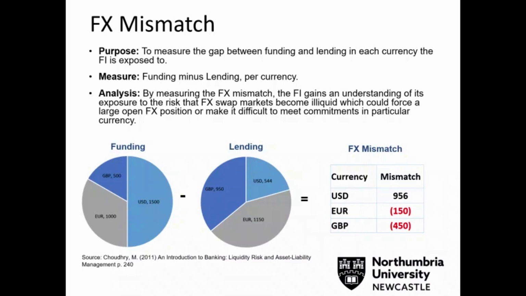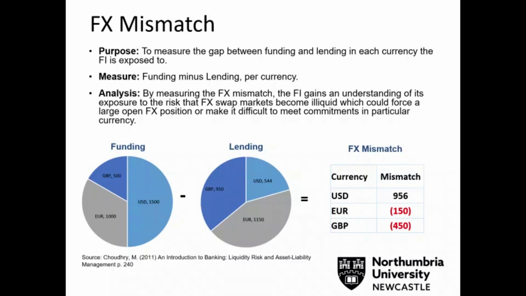And if you remember back to banking risk 1, sometimes it's easier to borrow in a foreign currency to fund assets in that foreign currency, rather than transferring from the UK to America and facing the foreign exchange rate risk.